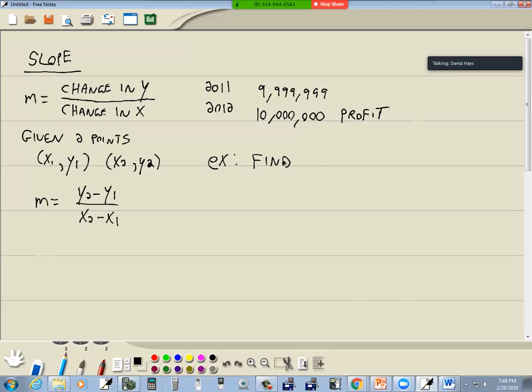For example, let's say we want to find the slope of the line segment passing through (-3, 1) and (-4, -5).